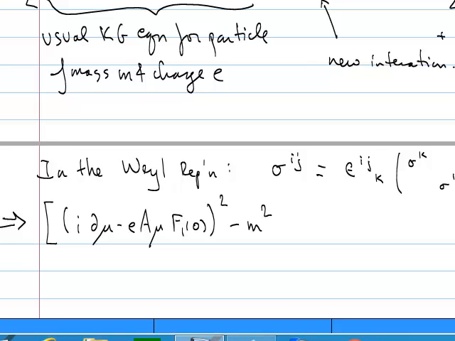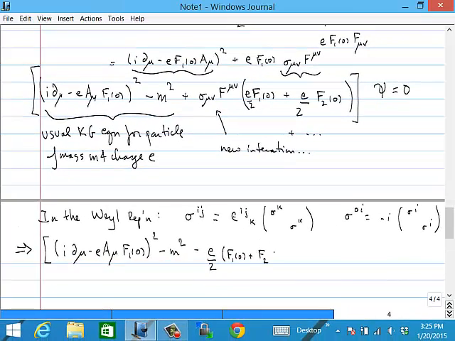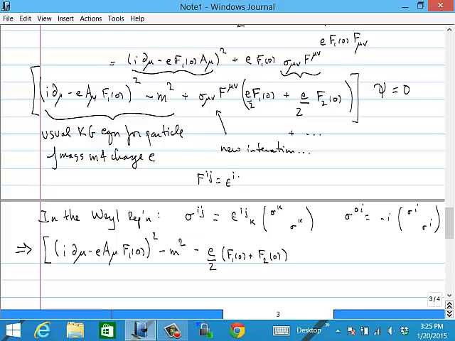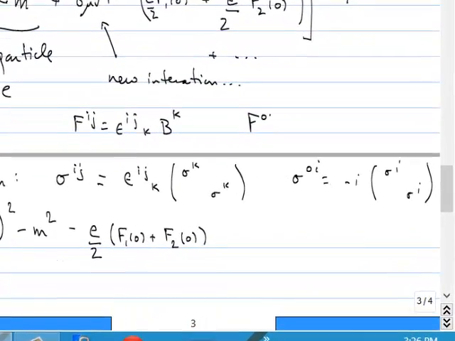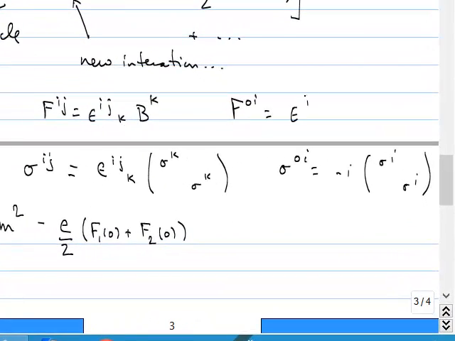Along with this correction, so you get a minus e over 2 times f1(0) plus f2(0) times, well, now we need to remember the fact that F_{ij} is epsilon_{ijk} times B_k, and F_{0i} is E_i.